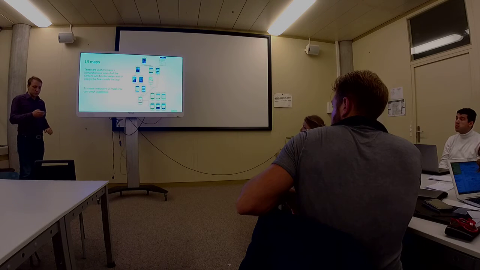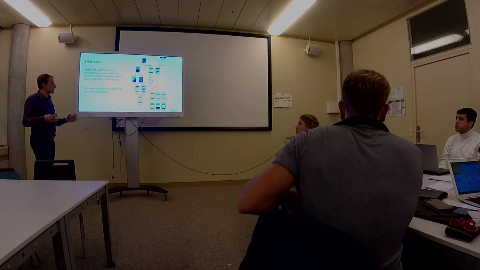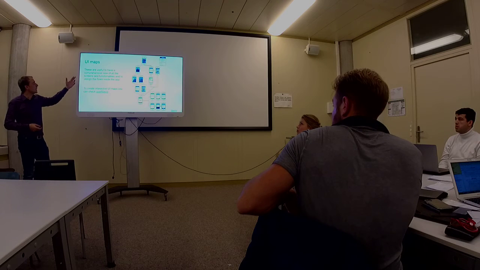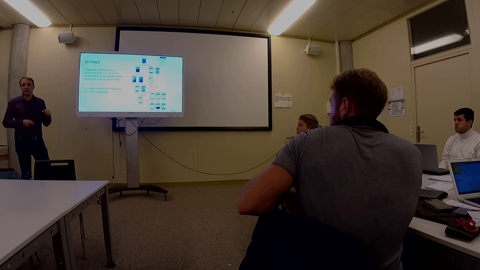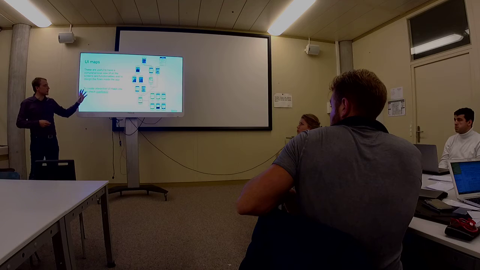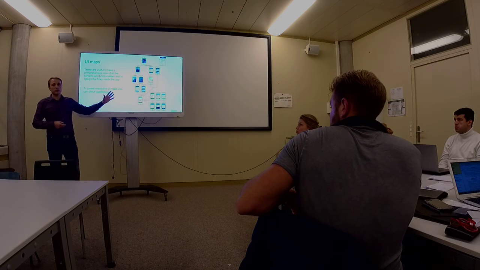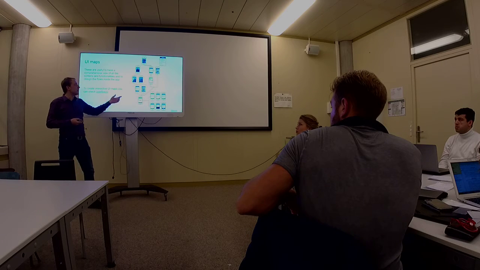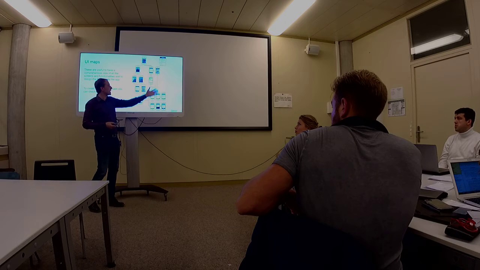Okay. Now, after you're done with that, you have a bunch of screens that start to look like high fidelity. Then you also want to add a UI map. And this is one of the components that we are going to ask you in D3. So you should provide, together with your mocks, also a UI map. What is a UI map? It's something like this.